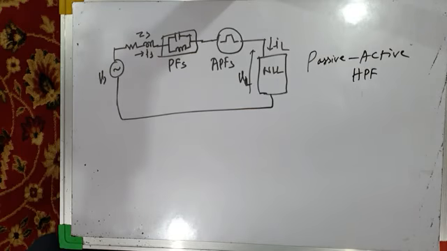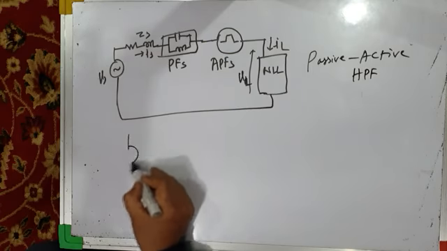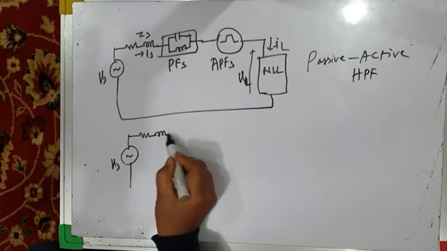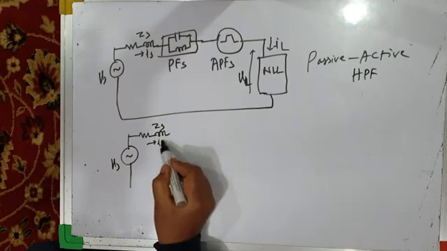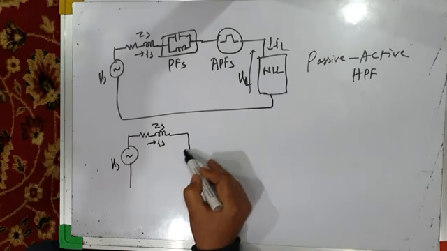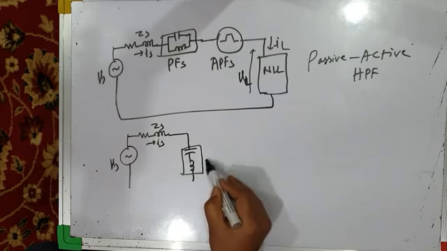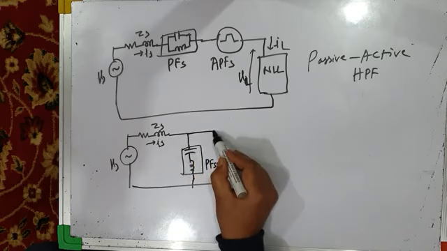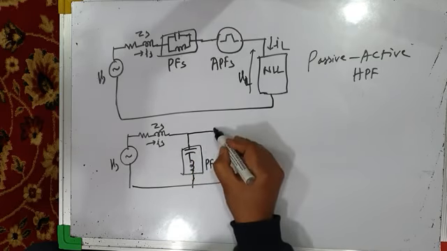Okay, another example is like this. You may have a shunt passive filter. This is passive filter SH for shunt, and a series active power filter.